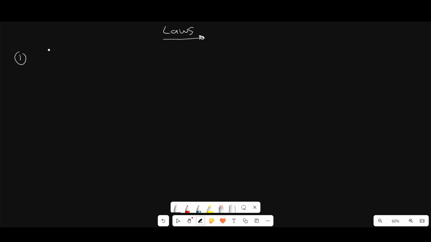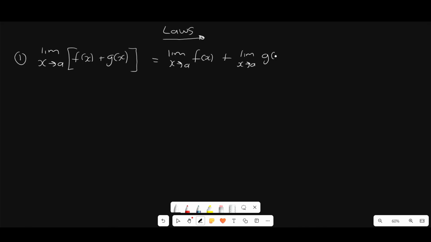Well, the first law is when we have the limit as x approaches a of the function f(x) plus g(x). We call this the limit of a sum, right? So we could say this is the limit as x approaches a of f(x) plus the limit as x approaches a of g(x).